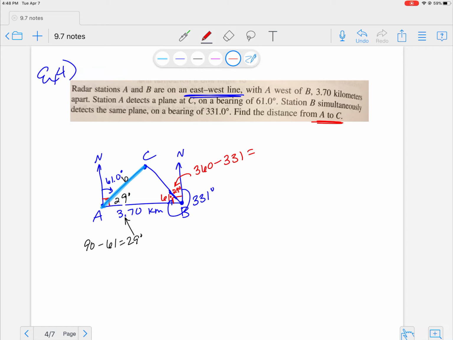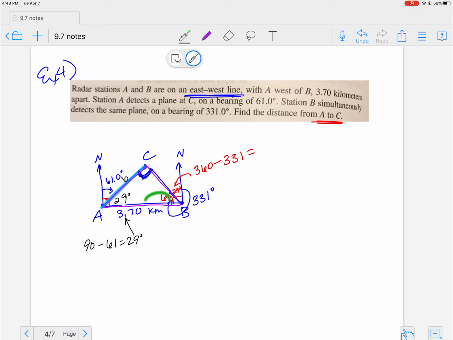Good. So that in between there is going to be that 29 degrees. Then what's the other one? 61, because it's still a complement. So if this angle is 29 and this angle is 61, what is reserved for this angle measurement? Yes, it is. And we just made a right triangle.